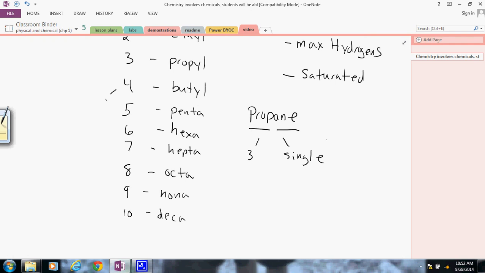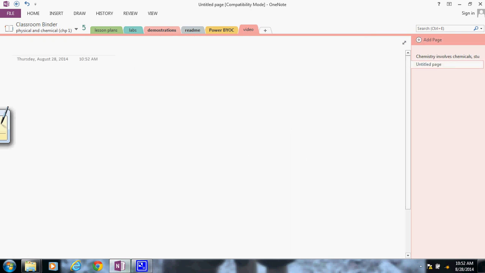So I'll just write up here, let's show the difference between single bonds, double bonds, and triple bonds. So again, we want to tell how long our chain is and where things are located.